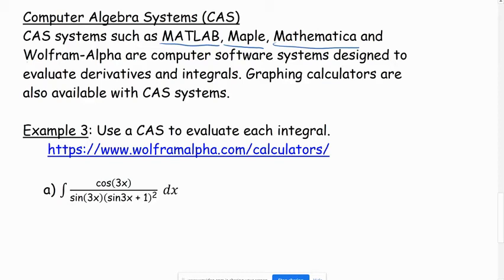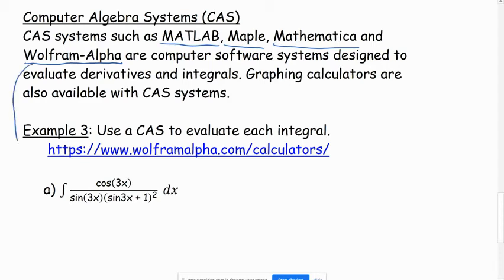The one we're going to look at today is free online, and that's why we use it, and it's also very easy to use compared to MATLAB and Maple and Mathematica. Those are a little bit more sophisticated, and it takes a little bit of syntax knowledge, coding, and so on to be able to use those. But Wolfram Alpha is very easy to use.